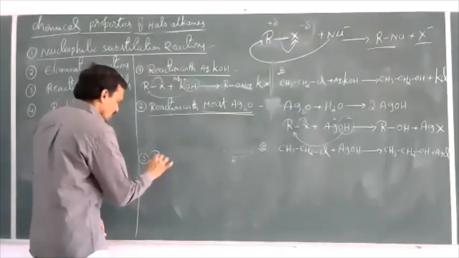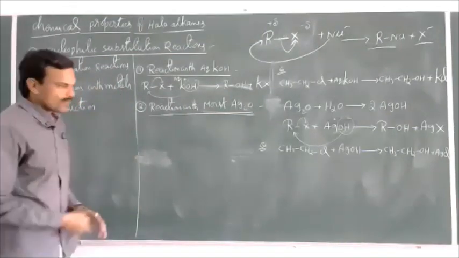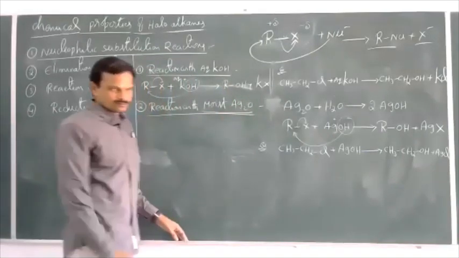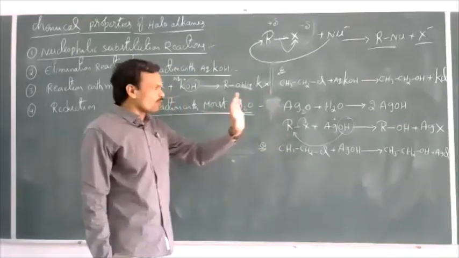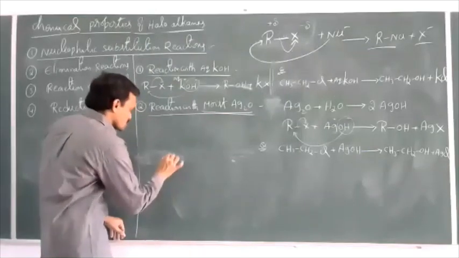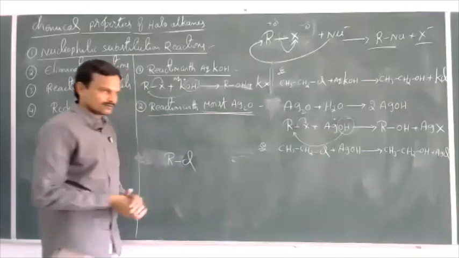Third one, a reaction with Na, and one more application here. Suppose instead of moist silver oxide, if you take a dry silver oxide in the same reaction, then what product will you get? Now I'll tell you. RCl, RX, maybe RCl.